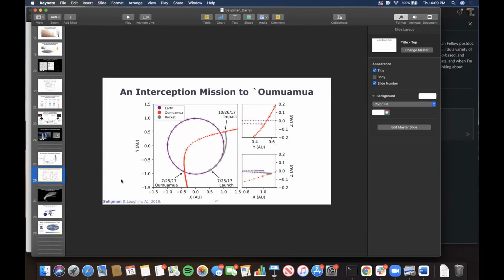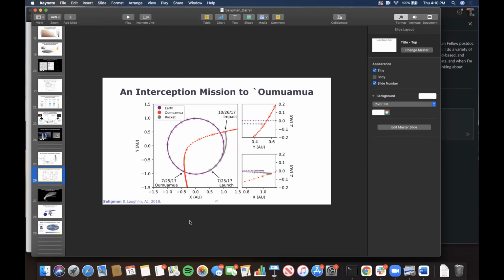My original proposal in this paper that we published right after Oumuamua's discovery was... it's a little unrealistic to have something sitting on Earth ready to go, then launch and get to an interstellar object with a few month lead time. Devin has some results about this as well, but from Devin's work, we're seeing feasible wait times on the order of a couple of months between detection and when they get closest to the Earth, when you ideally want the interception to happen.